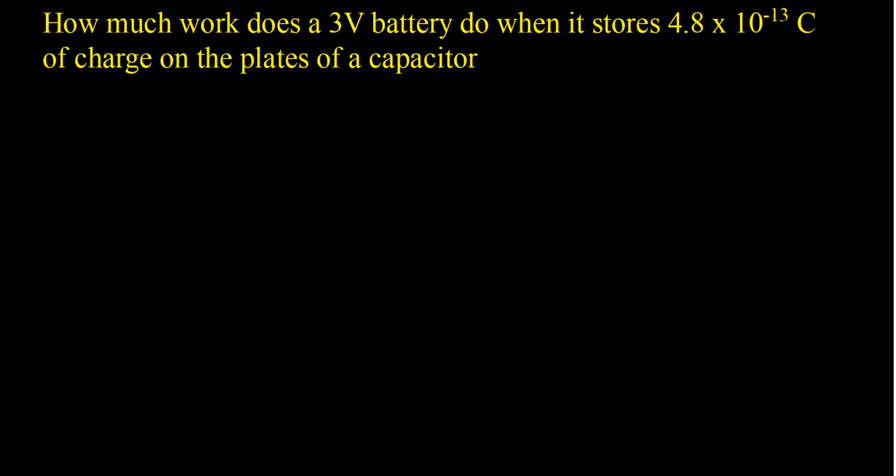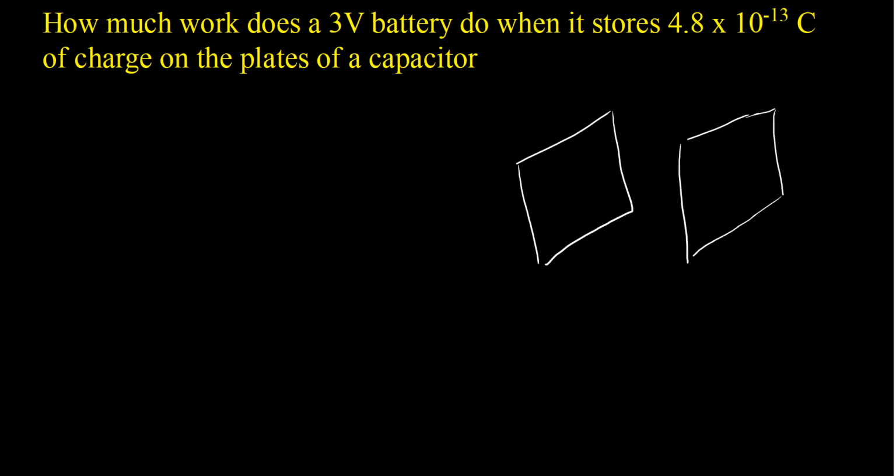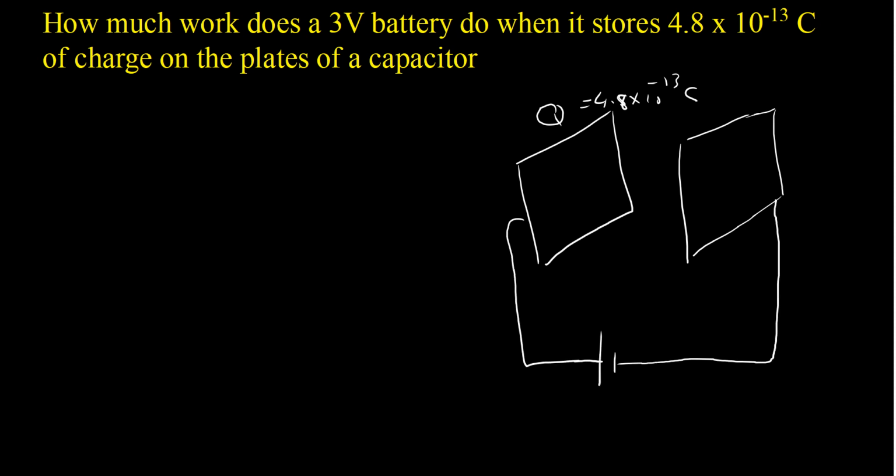So I have my capacitor's plates, doesn't matter the shape, it's not mentioned here, so I can assume it is like this. Now I know how much the charge is, the Q, it is 4.8 times 10 to the power minus 13 coulomb, and I know the battery supplying the two plates is 3 volt.